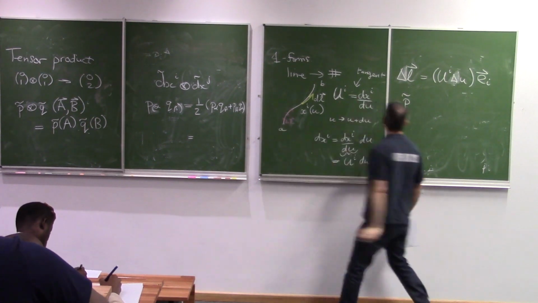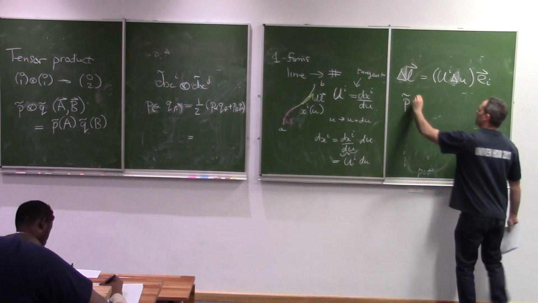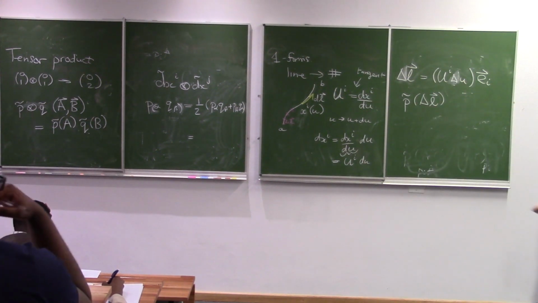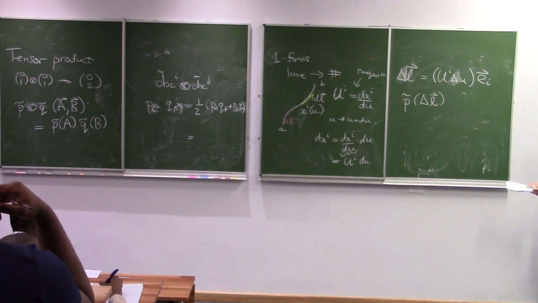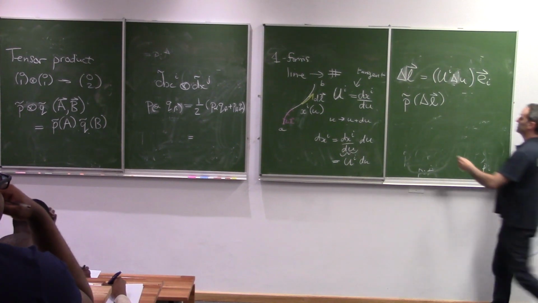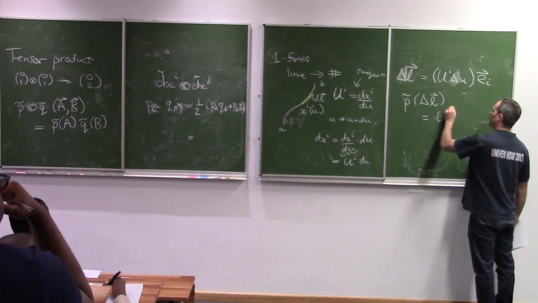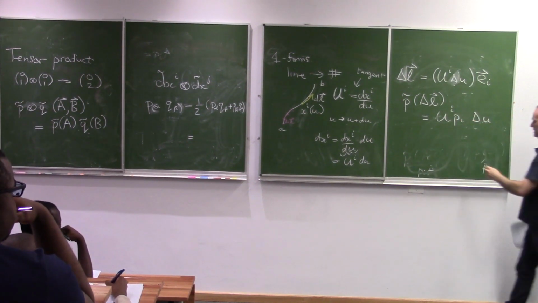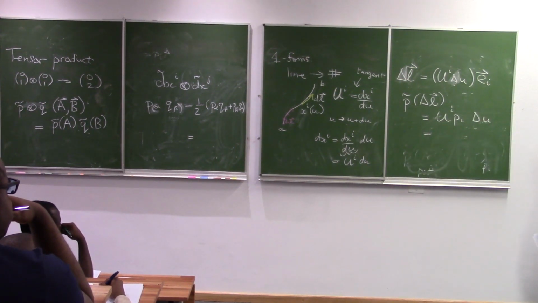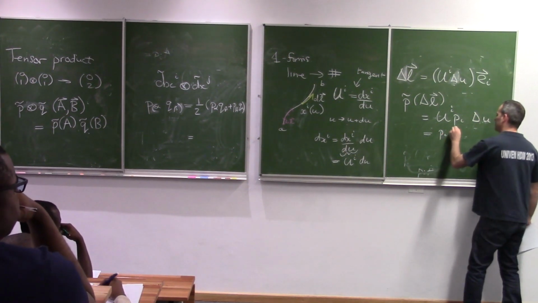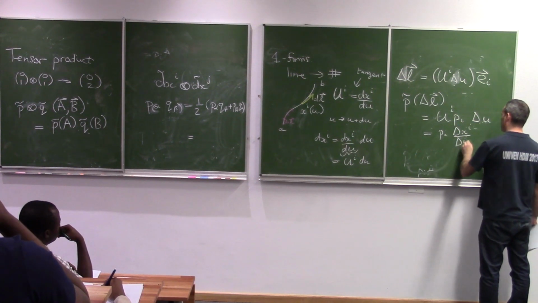So that's one of these little line segments, and then I'm going to act on that. So I'm going to feed that vector to my one form, and as we've discussed, that's going to give us a number, and the number is just P contracted with that. So that's going to be equal to Ui Pi delta u, and in terms of these finite displacements, that'll be Pi delta xi, so delta u.